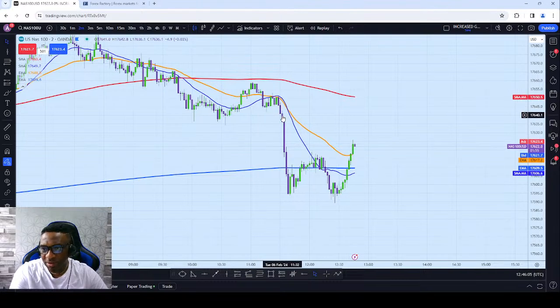As price was coming down here, I think I jumped in somewhere here and then closed it at the base here, below the blue line, the famous blue line we all know. Close it below the blue line.